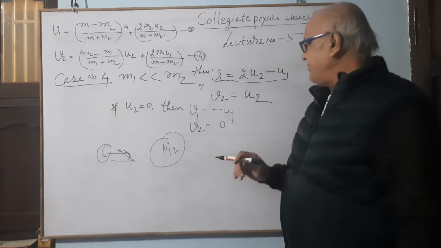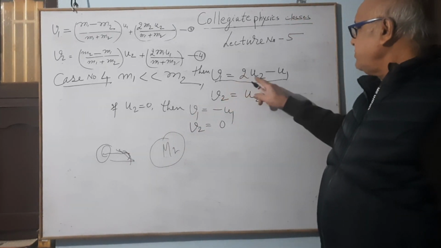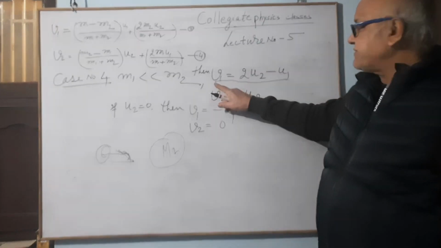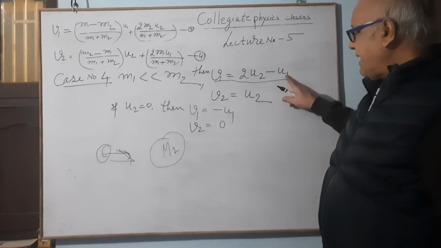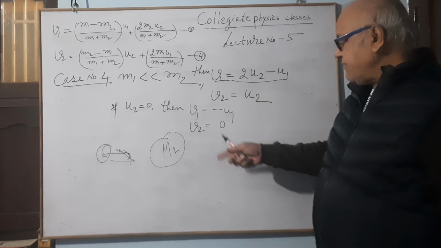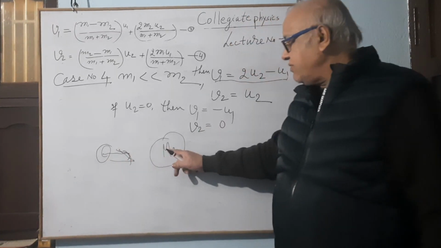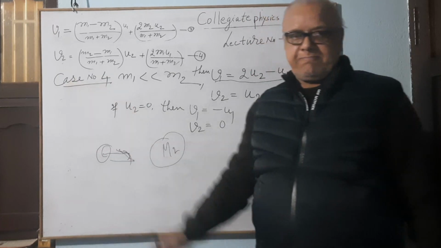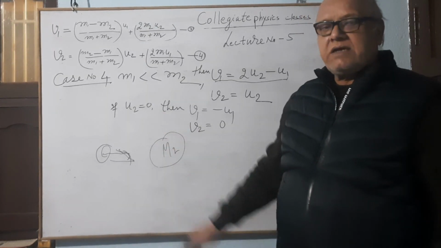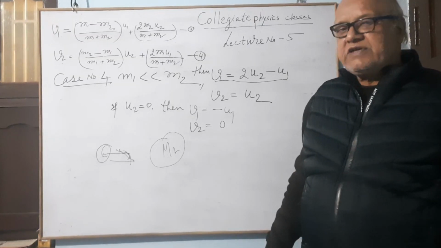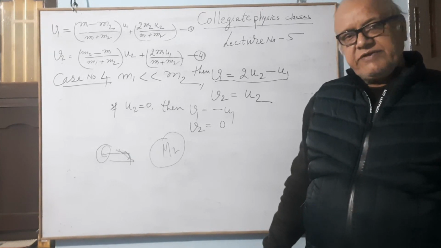Then what will happen? The velocity of this car will be equal to minus u1, and the velocity of the truck will be equal to 0. That is, the car will collide and rebound back, but the truck will remain at rest. These are the various interesting cases of perfectly elastic collision in one dimension.